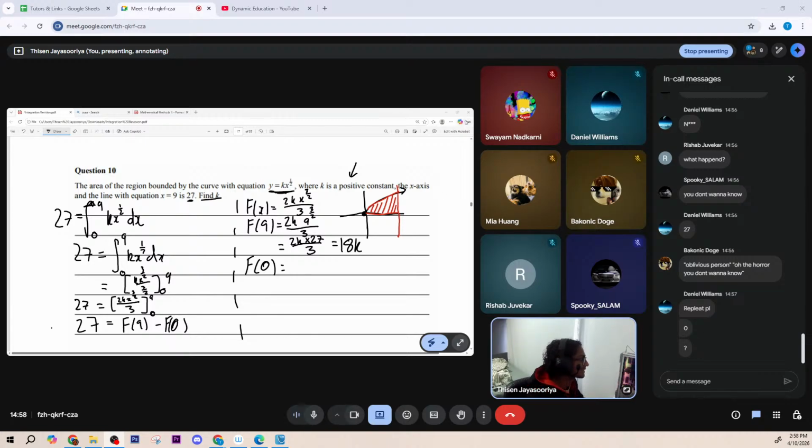Don't worry, I wasn't looking for anything too crazy. So we get here 0. So that means here we know 27 is equal to 18k take 0, which means that k is just equal to 27 over 18, which means k is equal to 3 over 2.